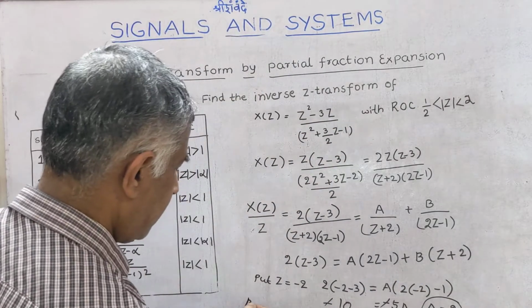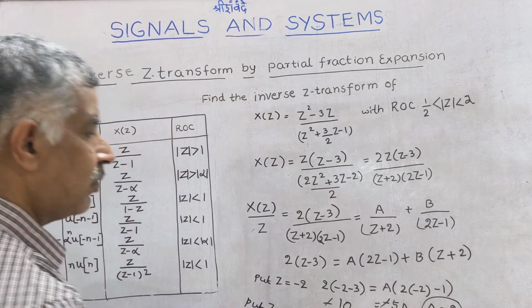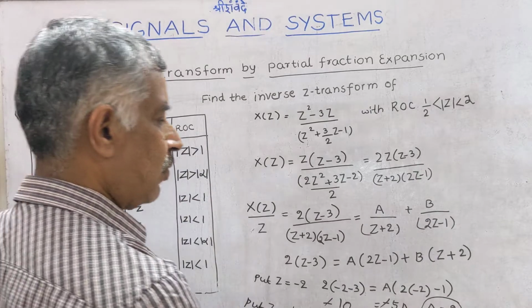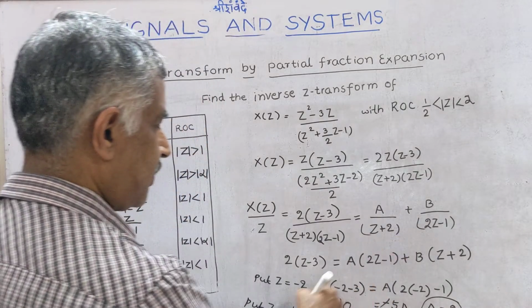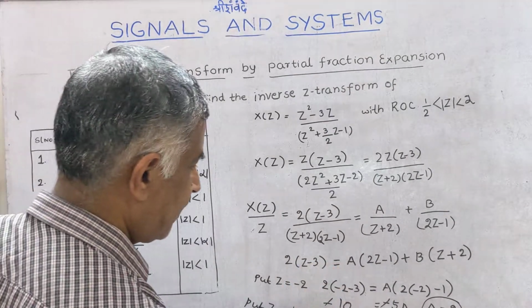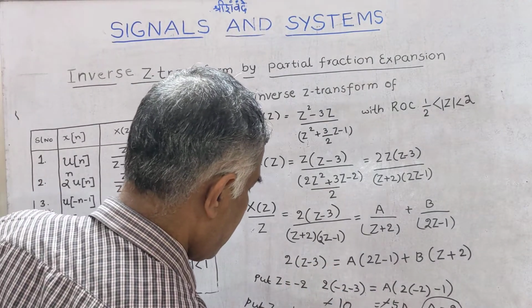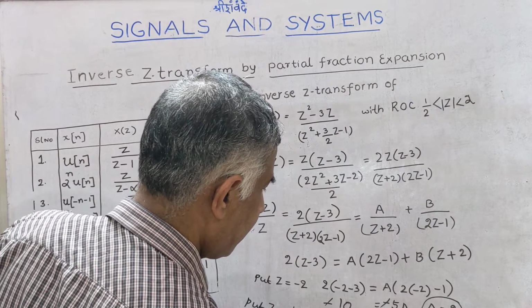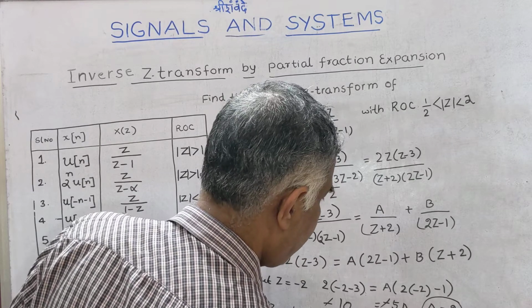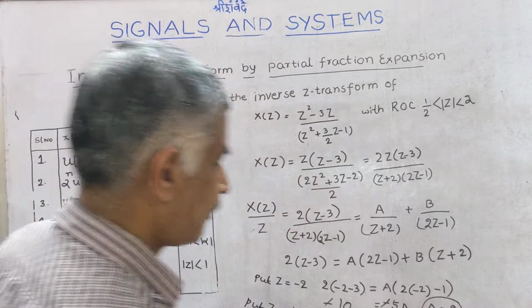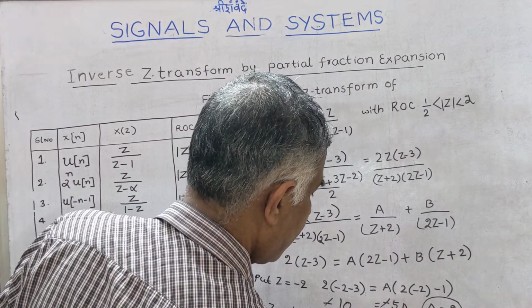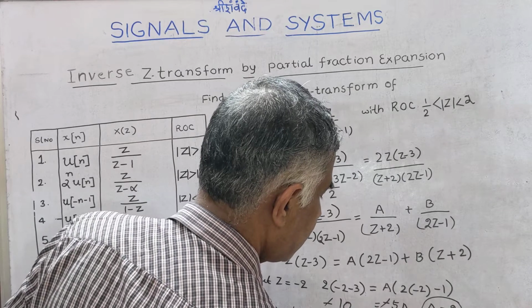Next, put Z equal to half. Then this term becomes 0. 2 into (half minus 3) is equal to A into (2 into half minus 1), this term becomes 0, therefore B into (half plus 2).